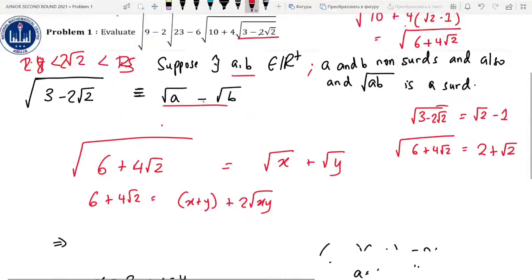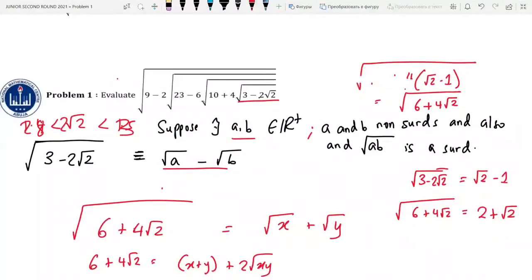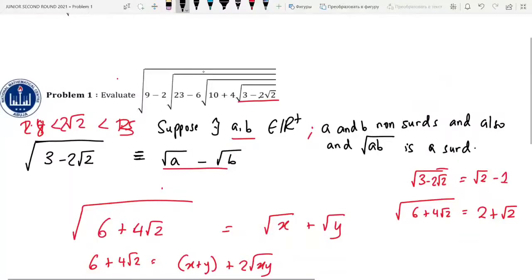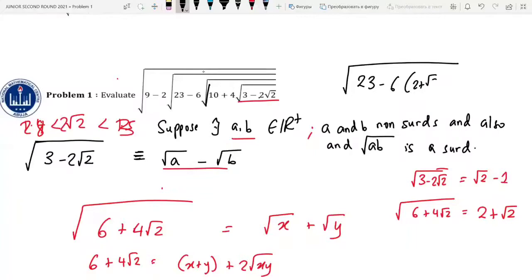So now let's come back here and plug it in. Let's plug it in now and see what we'll get. This whole thing here is this. So the innermost surd now becomes 2 plus root 2.